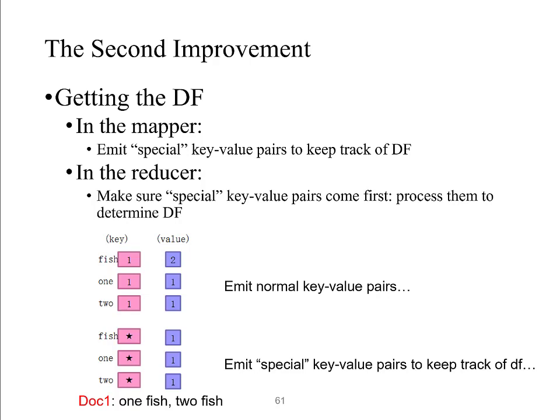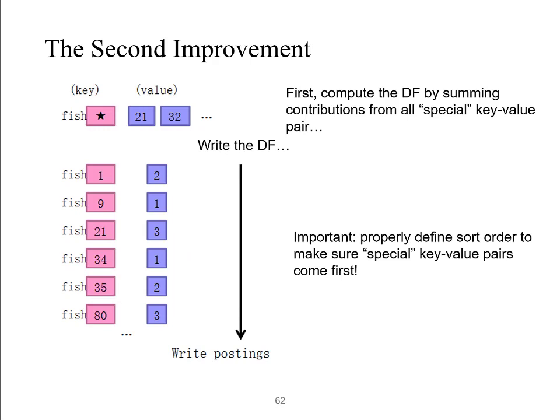So the mapper does not only emit normal key value pairs, it also emits special key value pairs to keep track of document frequency.